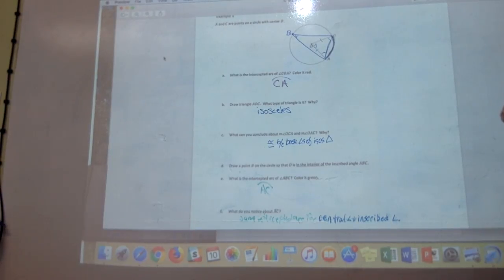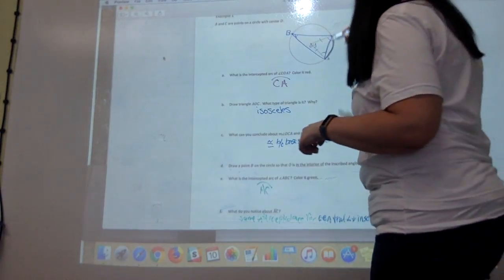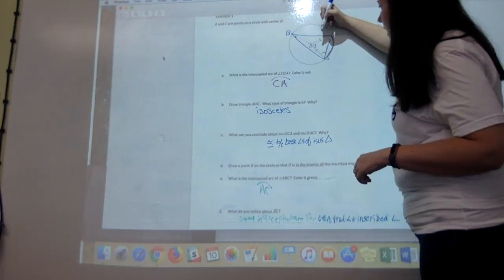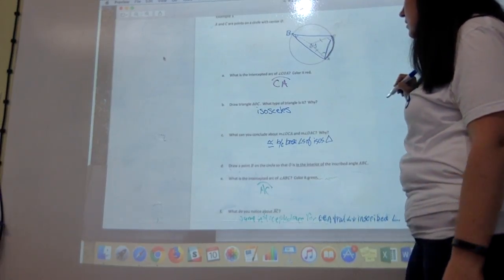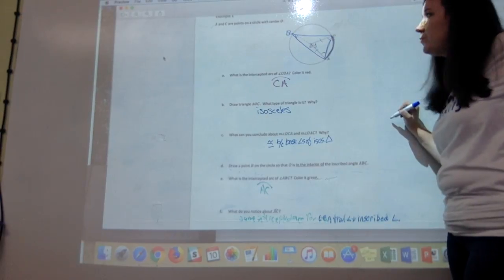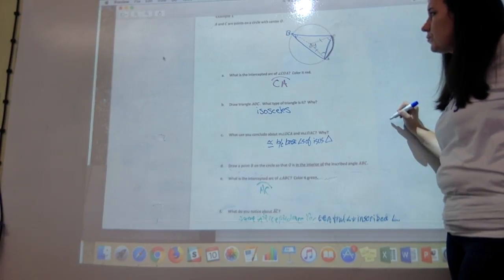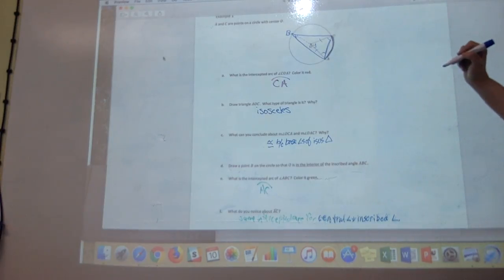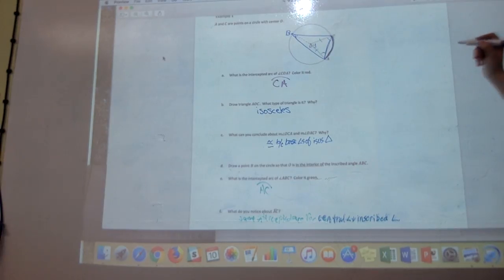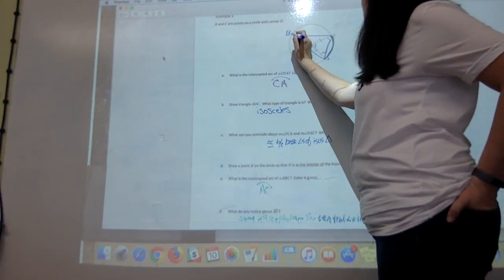Okay, so what I'm going to do is draw this. Really, I don't need the diameter, I'm just going to make it a radius. Okay, so this guy is X right here.